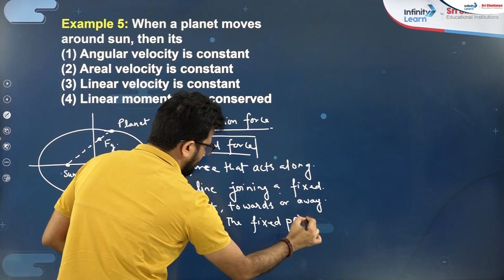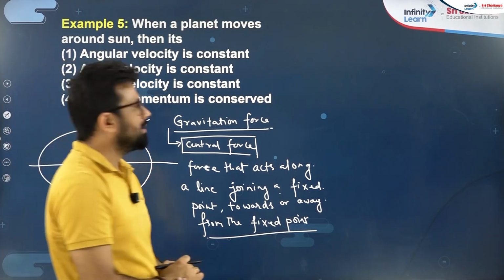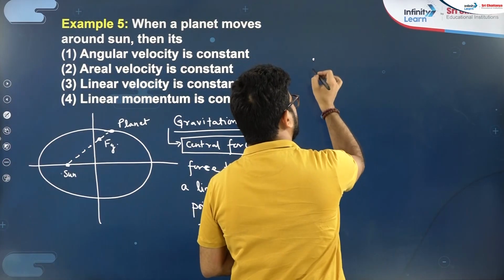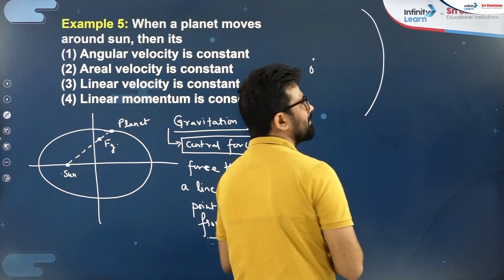Try to understand what I want to say from here. Suppose there is one fixed point, the point O. A particle is moving on this path.